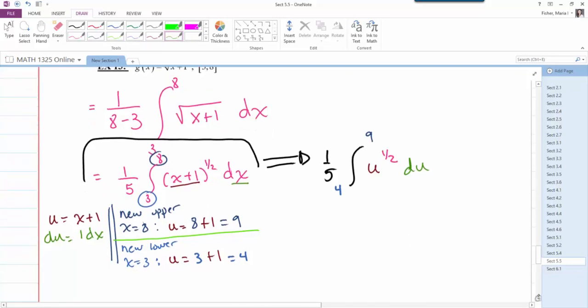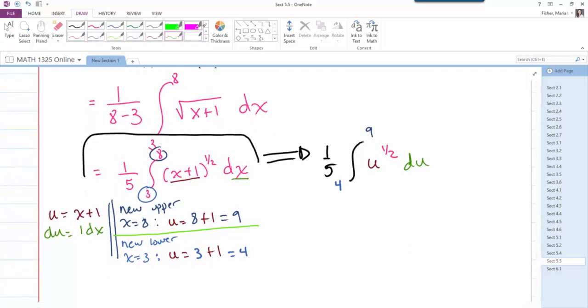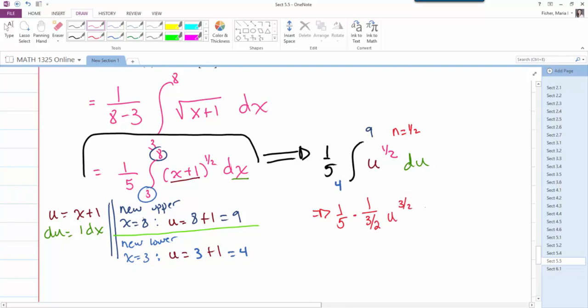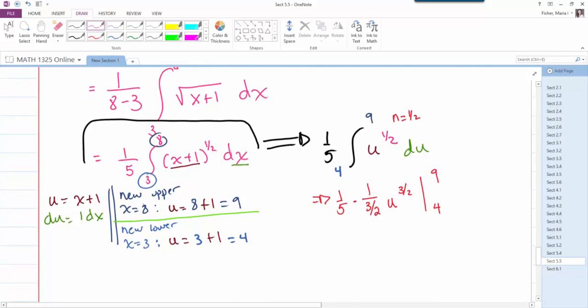Well, I know how to integrate that. That is going to equal 1/5 times 1 over, well, here my n is equal to 1/2, so 1/2 plus 1 is 3/2, so that's going to be 1 over 3/2 u to the 3/2, and this is evaluated from 4 to 9. So let's clean this up. If in a calculator I figure out what 1/5 times 1 over 3/2 is, I'm going to end up with 2/15.